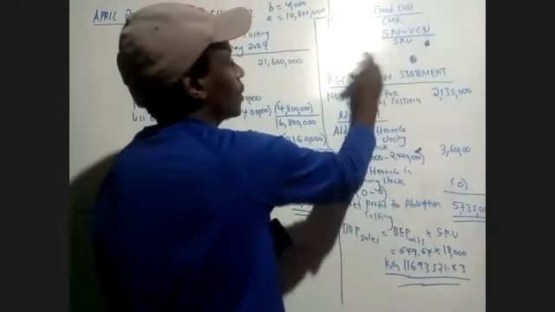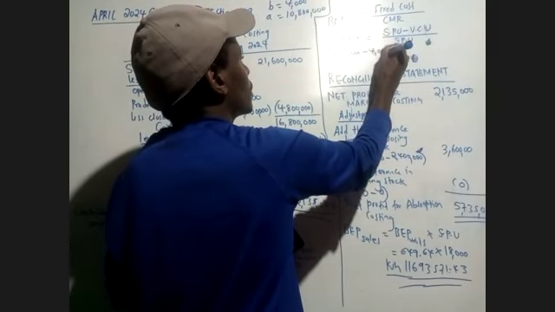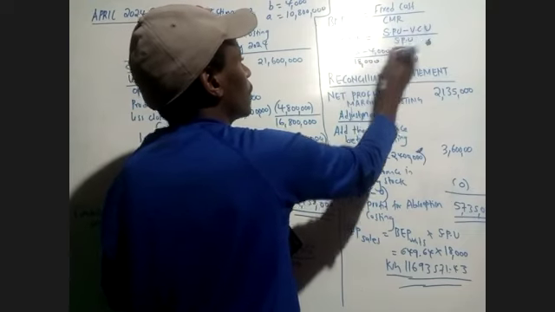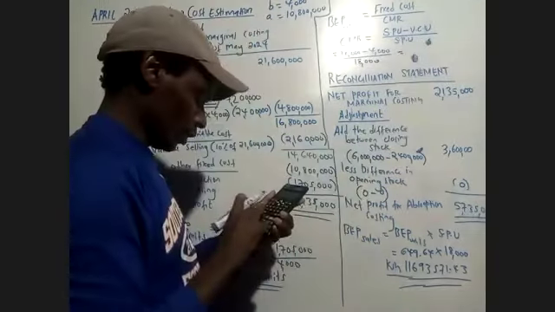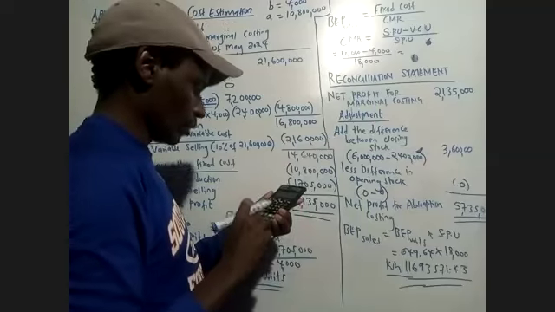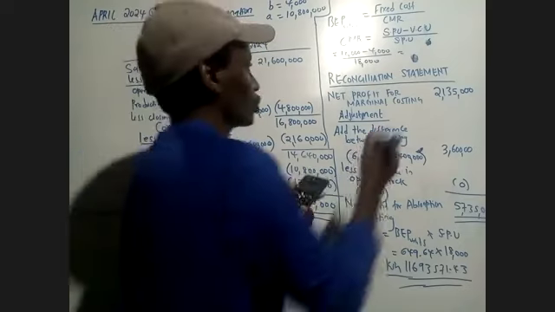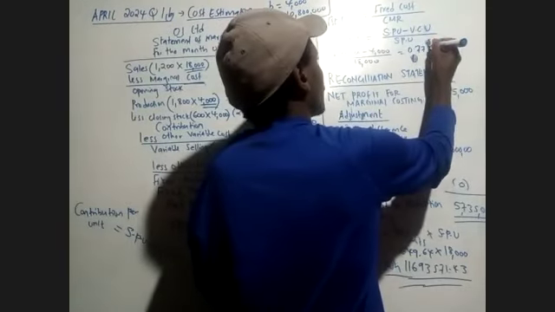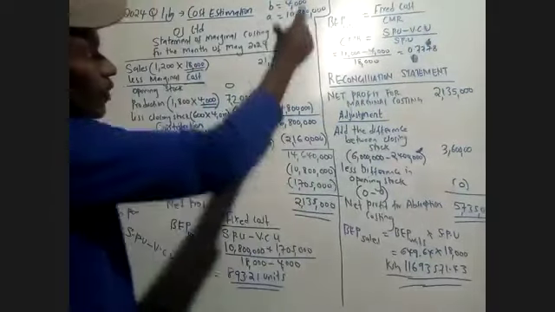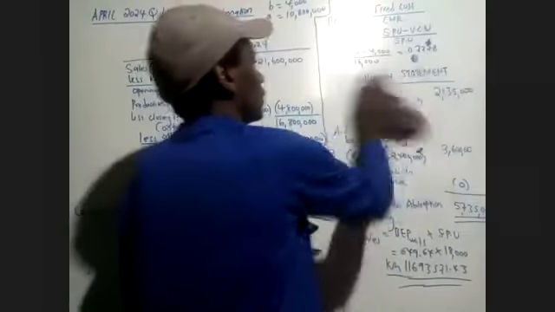Itakuwa ni 18,000 minus 4,000 divided by 18,000, so this is equal to 0.7778. Now, hii figure chukua, we divide with the fixed cost. So allow me to wrap this one.